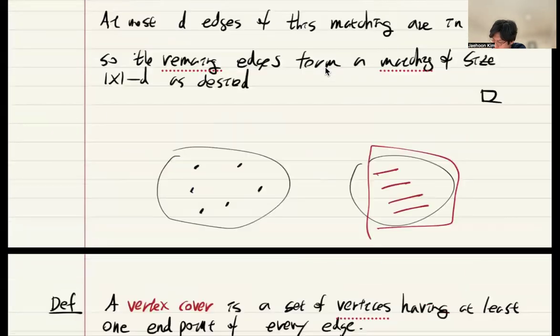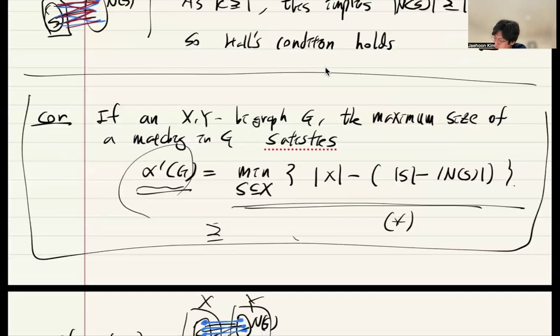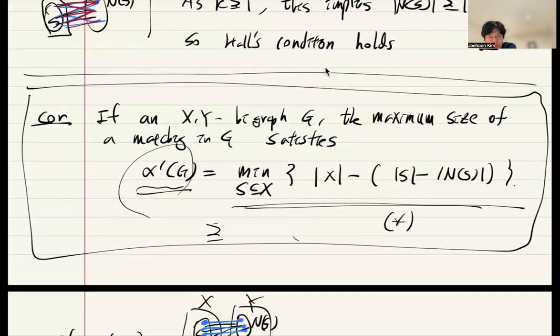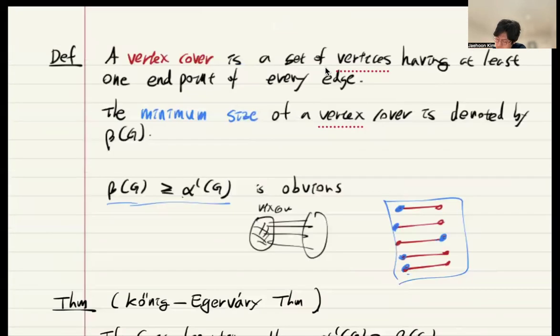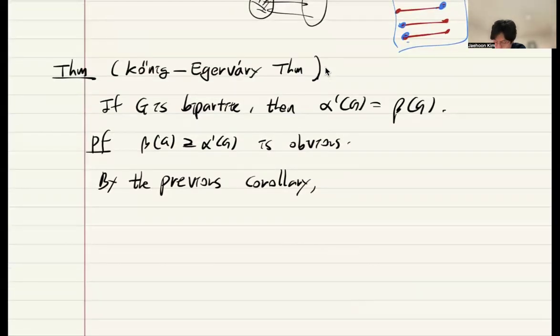But what do we know? We already have an efficient tool to compute this alpha prime. By the previous corollary, what do we know?